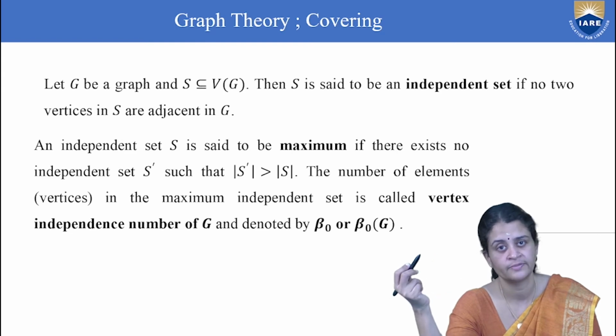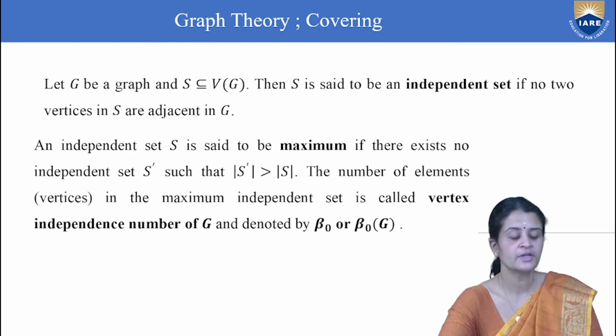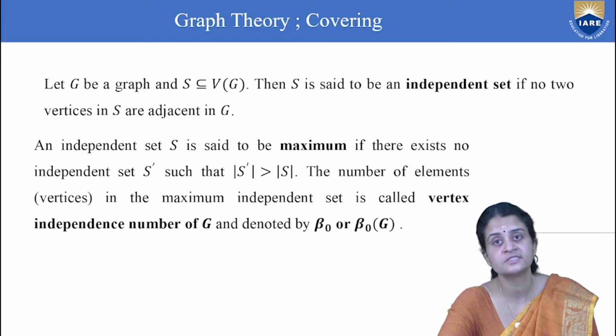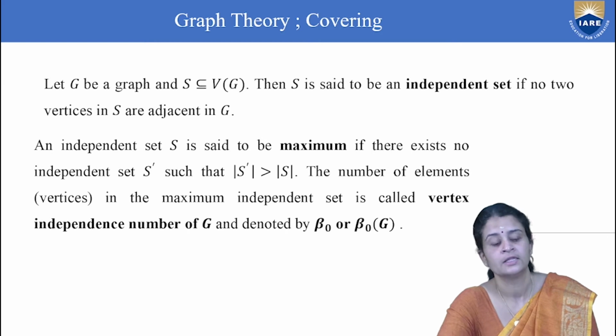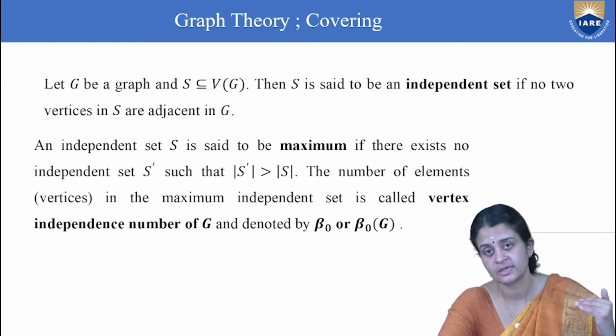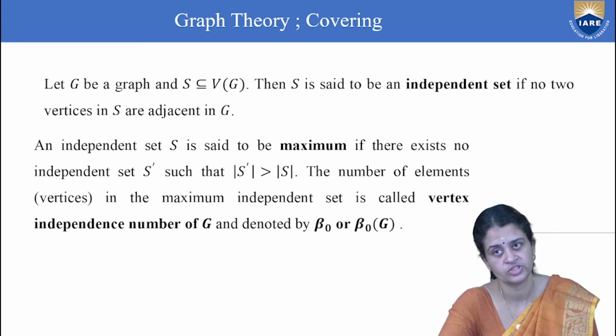An independent set is said to be maximum if there exists no other independent set S dash such that the cardinality of S dash is greater than the cardinality of S. The number of elements, that means the number of vertices in the maximum independent set, is called the vertex independence number of G. Usually we call it the independence number of G, and it is denoted by beta naught.